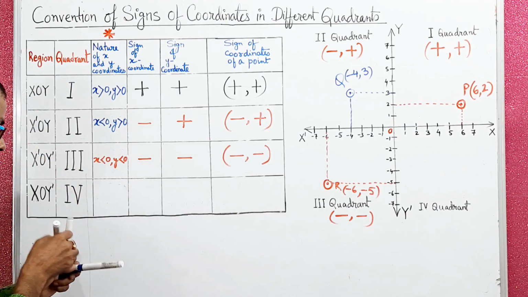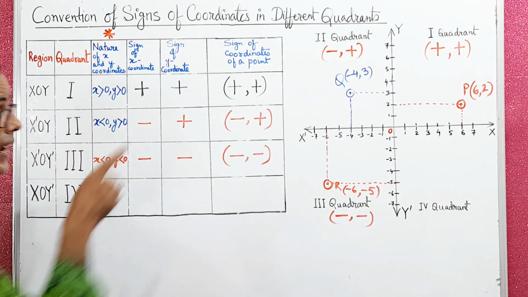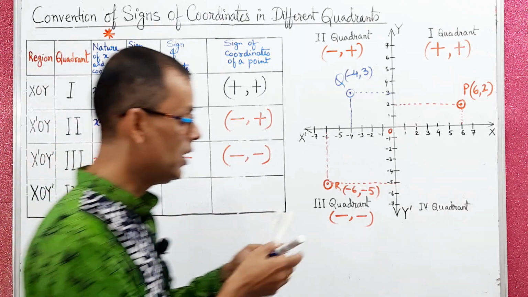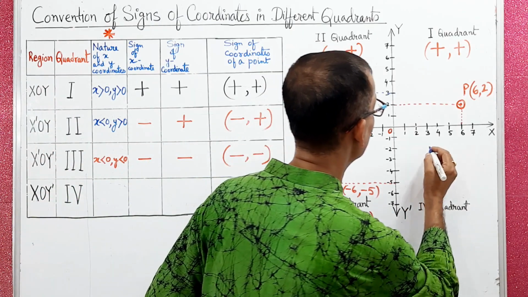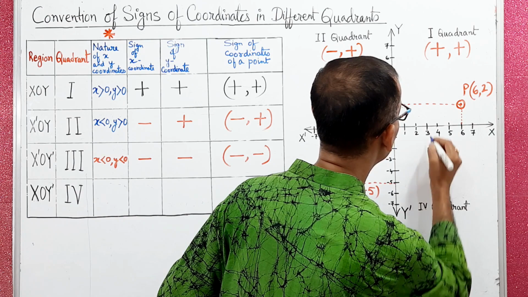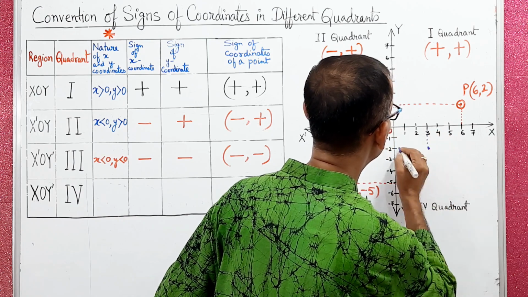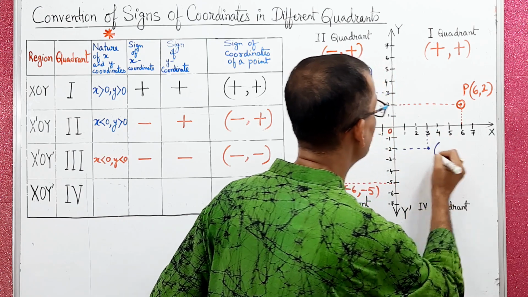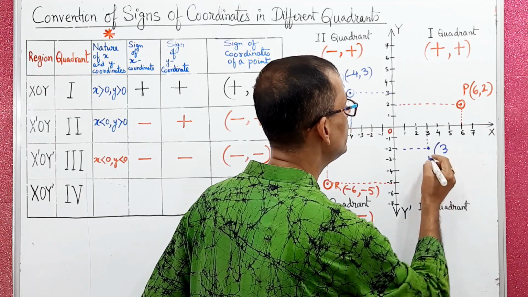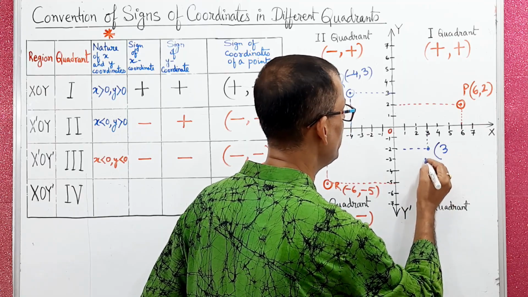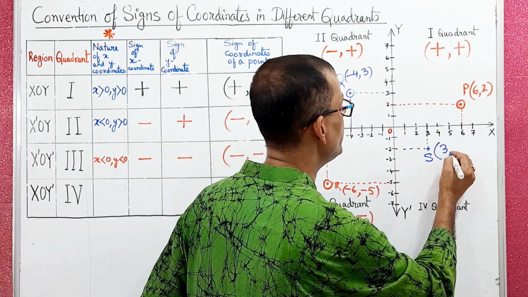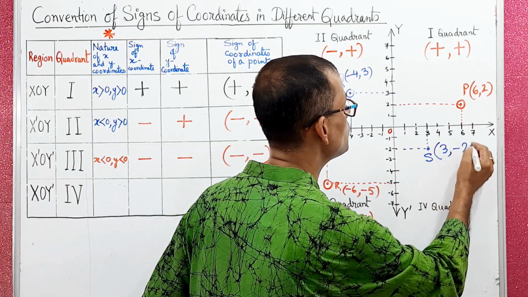And the last one, that is the fourth quadrant, XOY'. So here if I take a point, suppose here, then the perpendicular distance like this way. So it will come 3. Suppose I give the name of this point S. So 3, comma, -2.